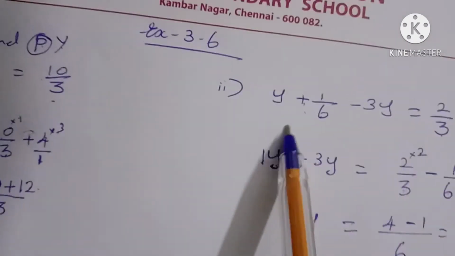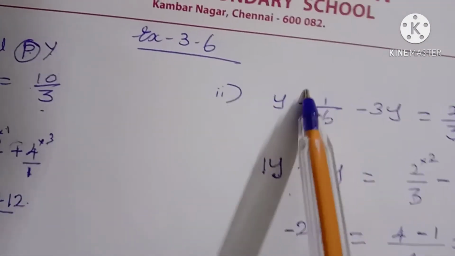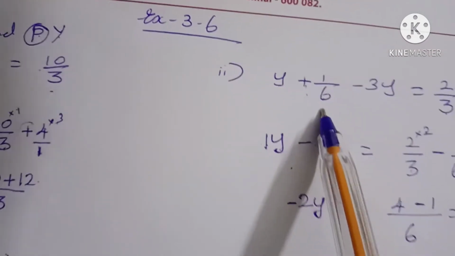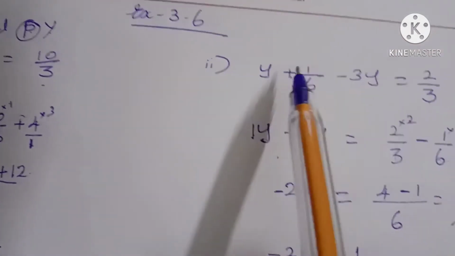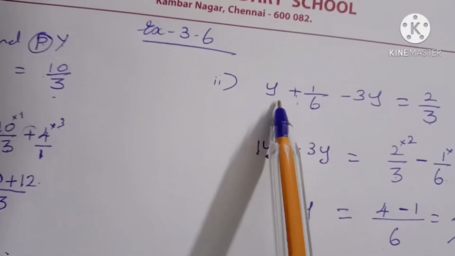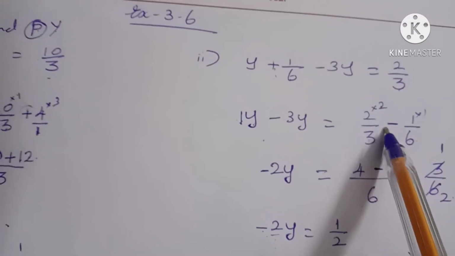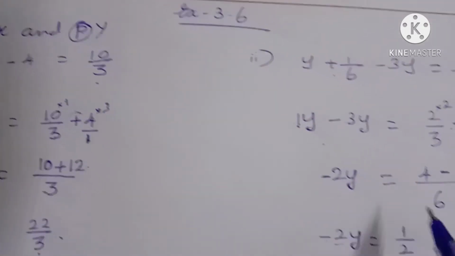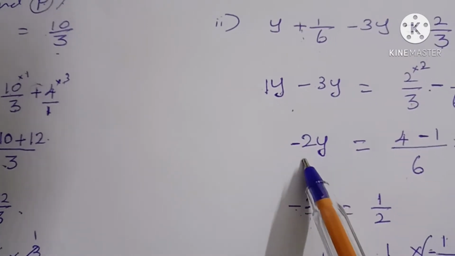And don't get confused in the plus and the multiplication. Here they given the plus 1 by 6. So when you take this plus to your right hand side, plus means to your right hand side change into minus. And then here in the multiplication, so minus 2 by 1.